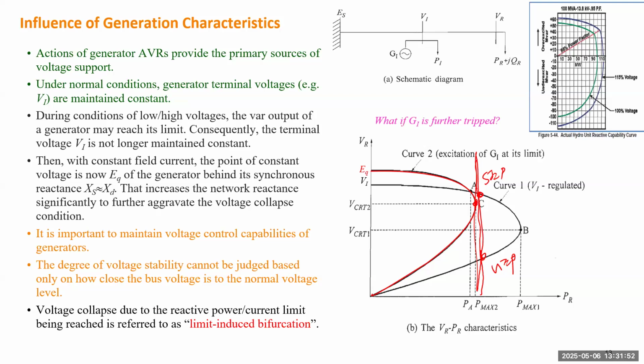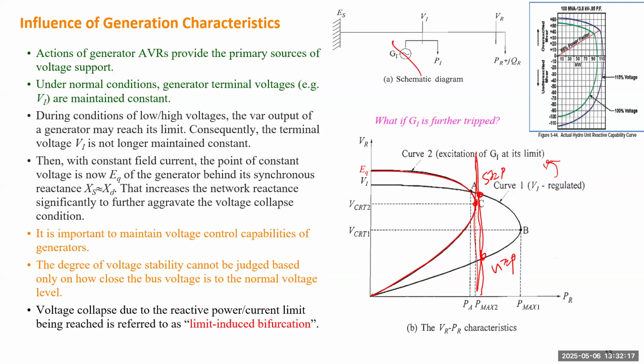There's another question we can ask. What if this generator is tripped? Okay, so now we consider one switch, which is when the field current reaches the limit, and PV curve 1 will switch to PV curve 2, right? And what if a second switch happened, which is the generator being tripped?